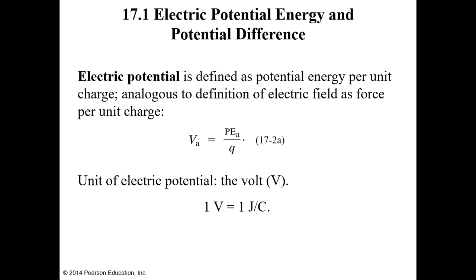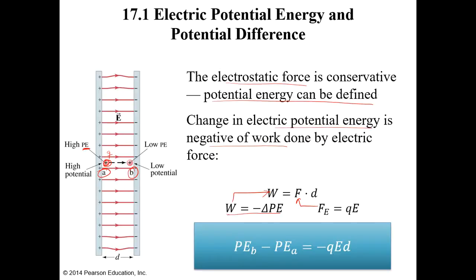Now, just as we took the electric force and divided out the value of the charge itself that's in the electric field to define the electric field, we could do the same thing here. In this picture, we have some specific charge Q inside this field, and to know the change in potential energy, you have to know the charge.